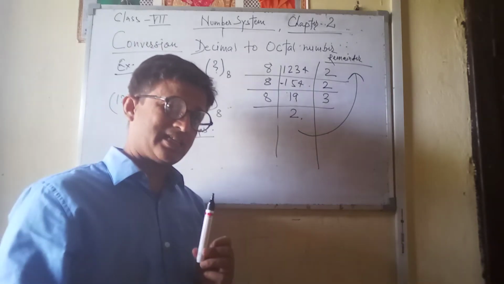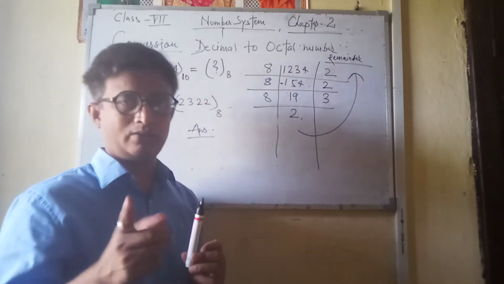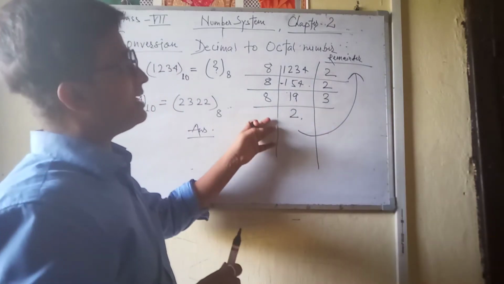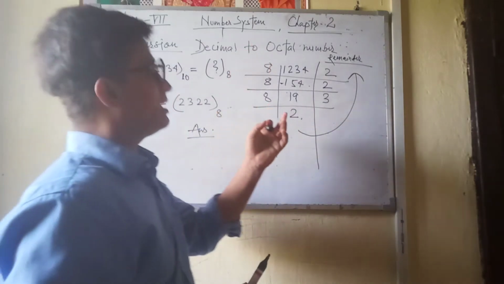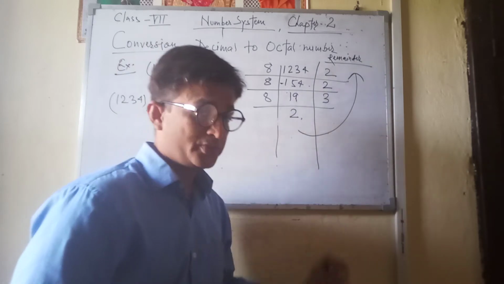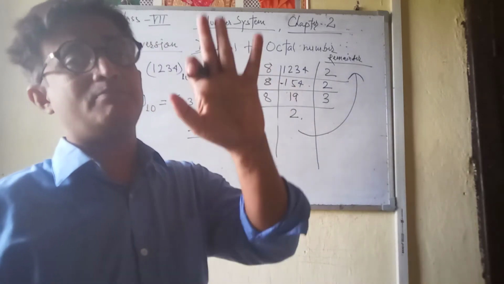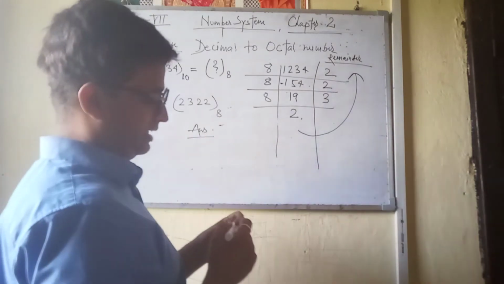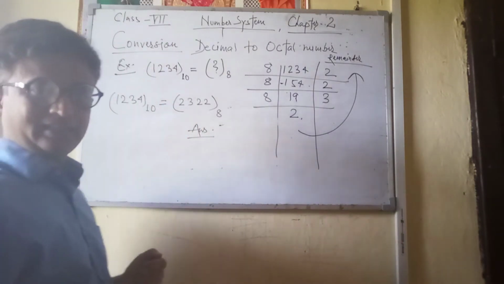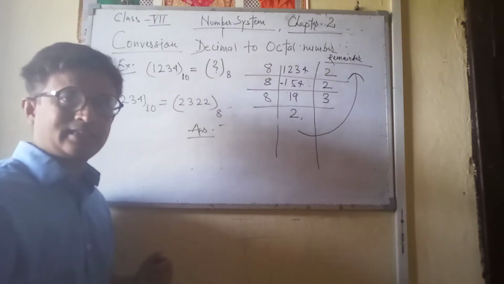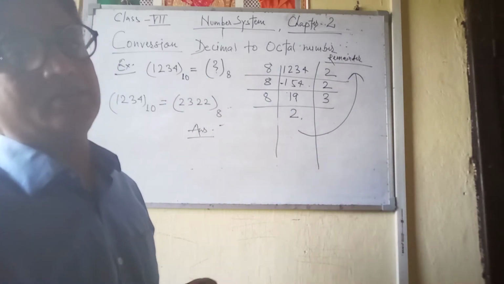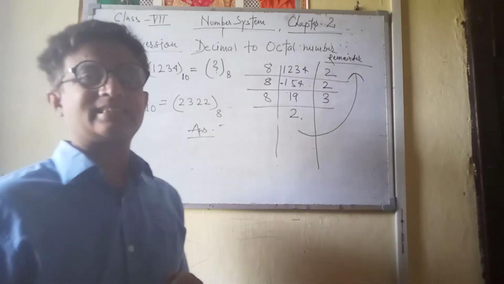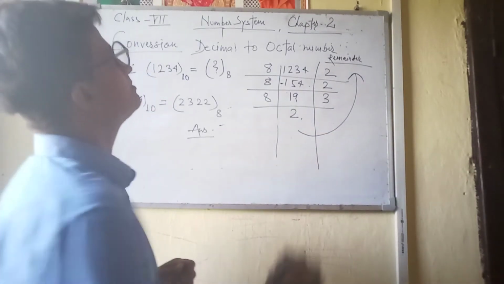In the binary case, it was either 0 or 1 as the last remainder, and in the octal number case, the remainder may be from 0 to 7, means below 8. So you got it. Decimal to octal I did, decimal to binary I did. Now I am going to convert decimal to hexadecimal numbers.